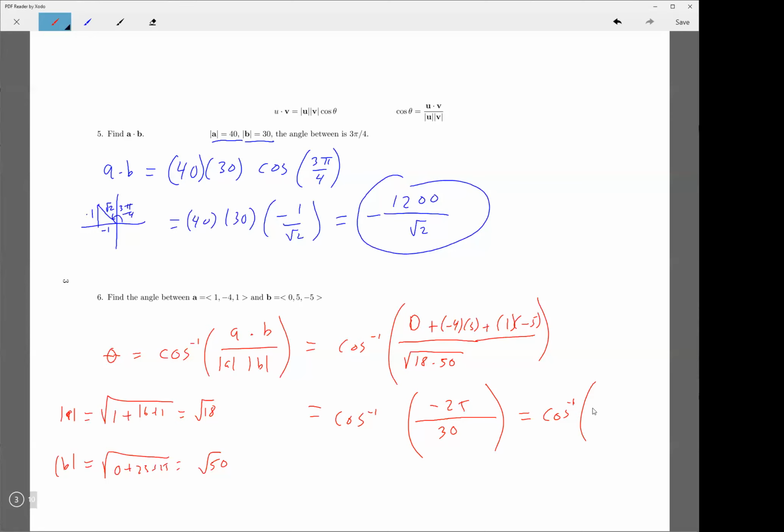So the inverse cosine of negative 5 over 6. Yeah, inverse cosine of negative 5 over 6.